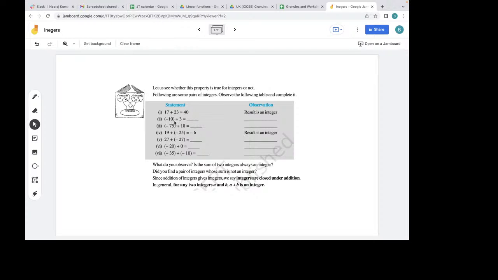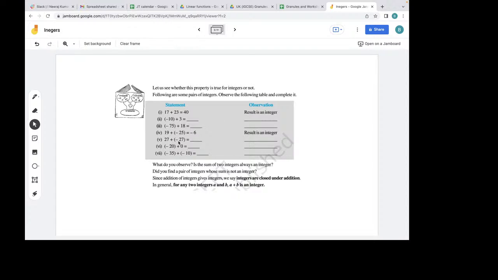If you add minus 10 and 3 together, you will get minus 7. Minus 7 is again an integer, a negative integer. Okay, if you add 27 to minus 27, you will get 0. 0 is again an integer.